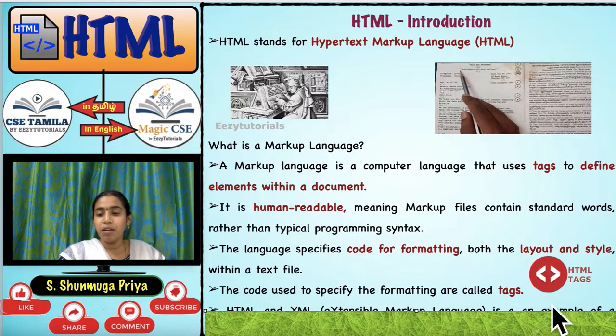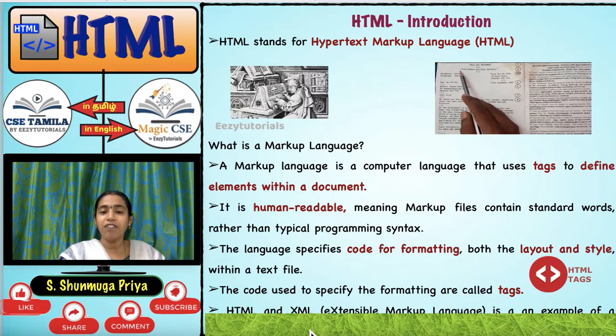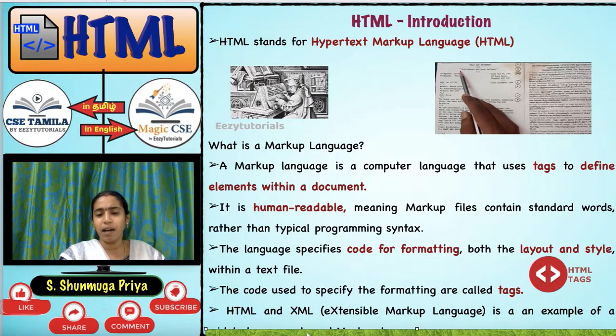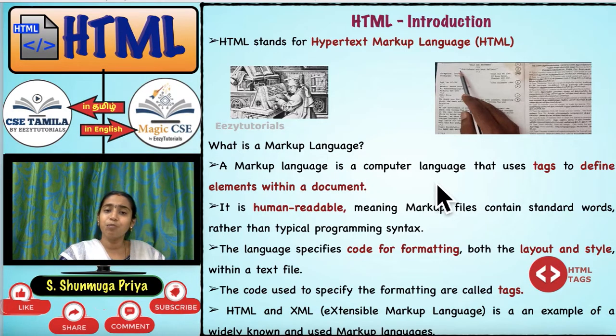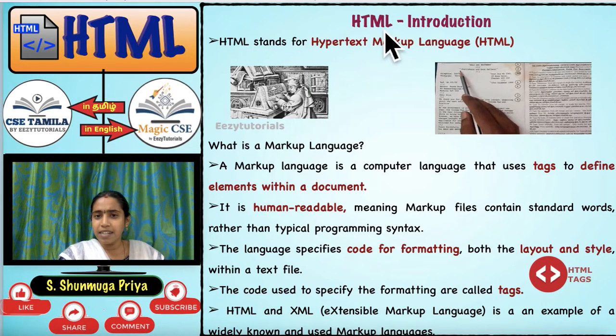HTML is one markup language. Likewise, you have XML. Many more markup languages are available. HTML and XML are famous markup languages. This markup language takes care of both layout as well as style. So what is meant by layout and style? Consider this PPT as a document. Here I have left some space. The heading is centered.